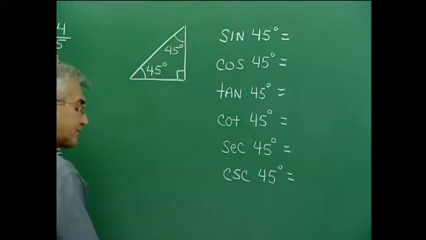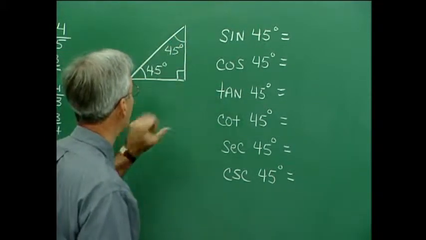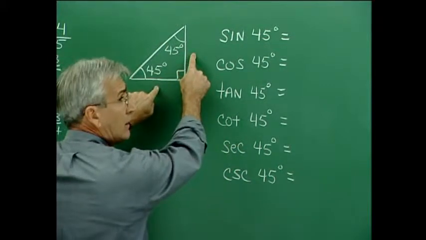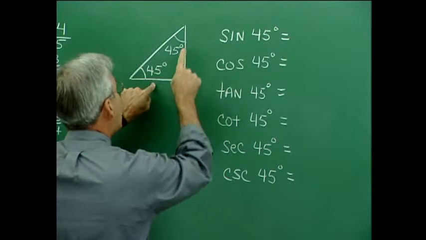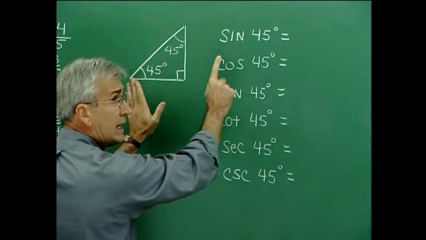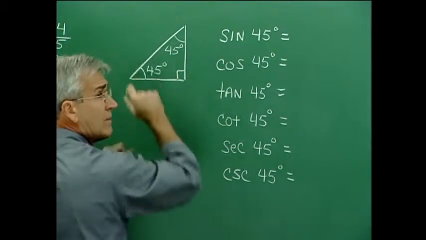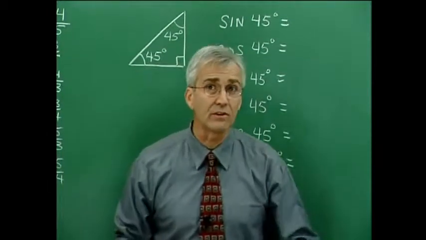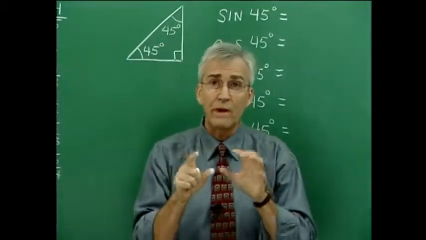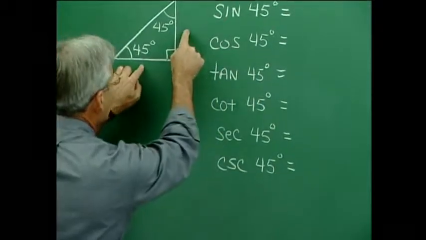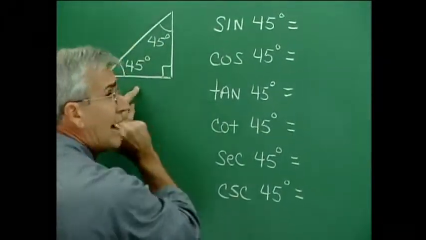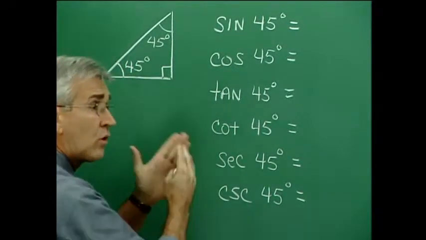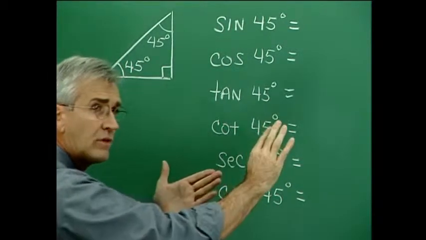Now, we want to do some labeling here. We want to put a label on those sides. All we know right now is that these are the same length. It could be 2, 2, 5, 5, 15, 15, it doesn't make any difference. Then we could find this one. And it turns out that it really doesn't make any difference what value we put on these two sides and then subsequently have the value of the hypotenuse, because the ratios are going to be identical in all of those cases.